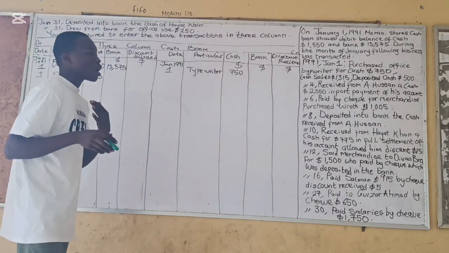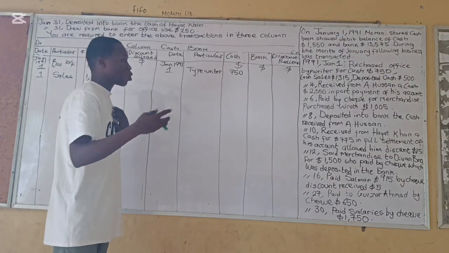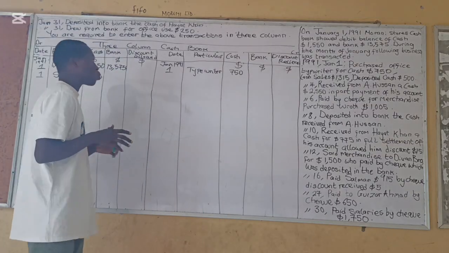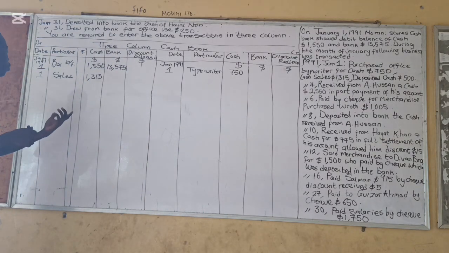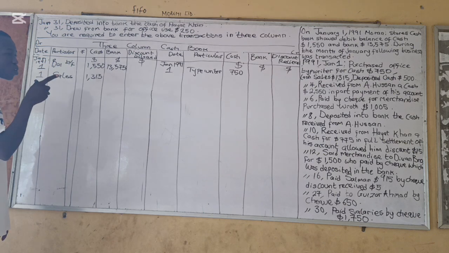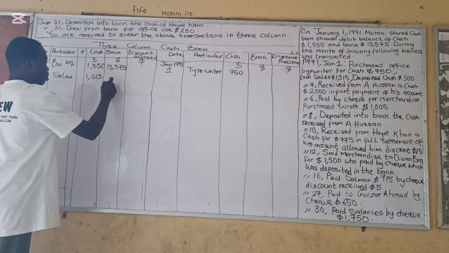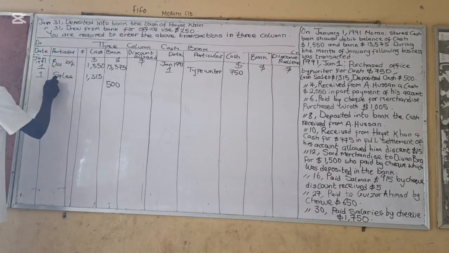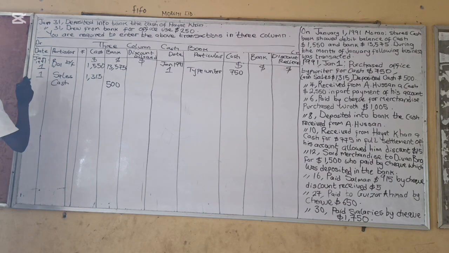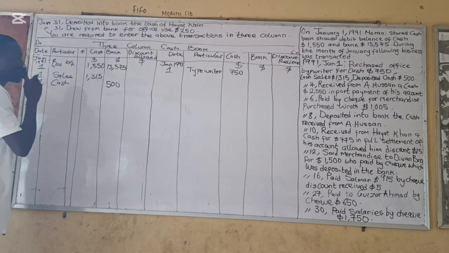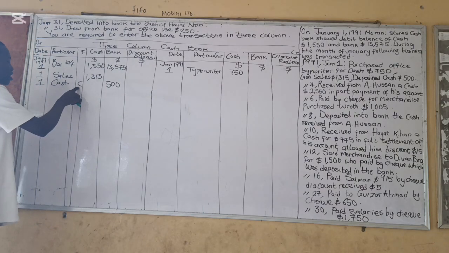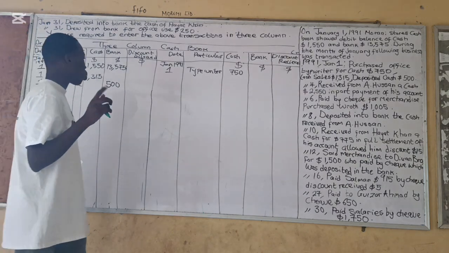When you deposit, cash is moving out while the bank is the one receiving. So first move to your debit side. The bank is the one receiving, so under your bank, you write $500. Your particular is now cash, which is still on the first. Then in your folio, you write the letter C, indicating it is a contra entry.